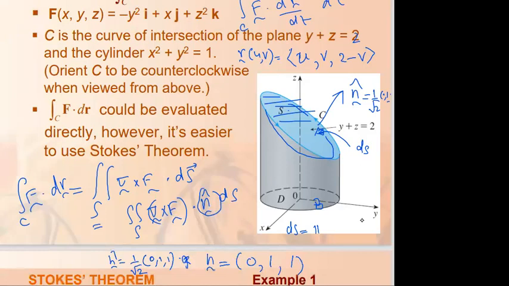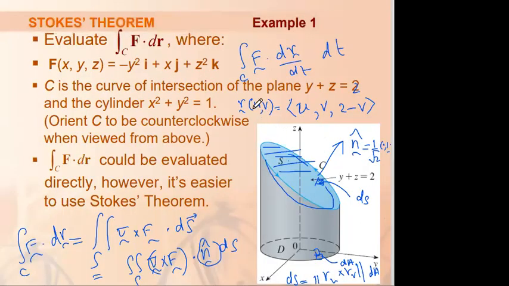Remember last time, ds is the magnitude of r_u cross r_v dA. This is the conversion.